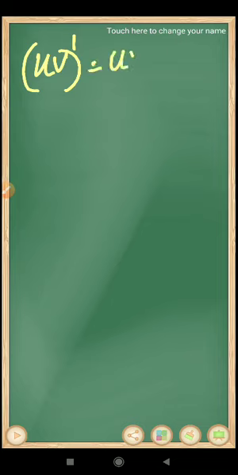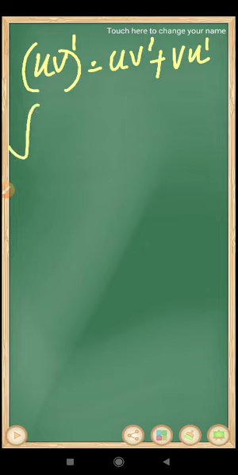We know from the derivative formula that the derivative of u into v is equal to u into derivative of v plus v into derivative of u. Now we have to integrate this.